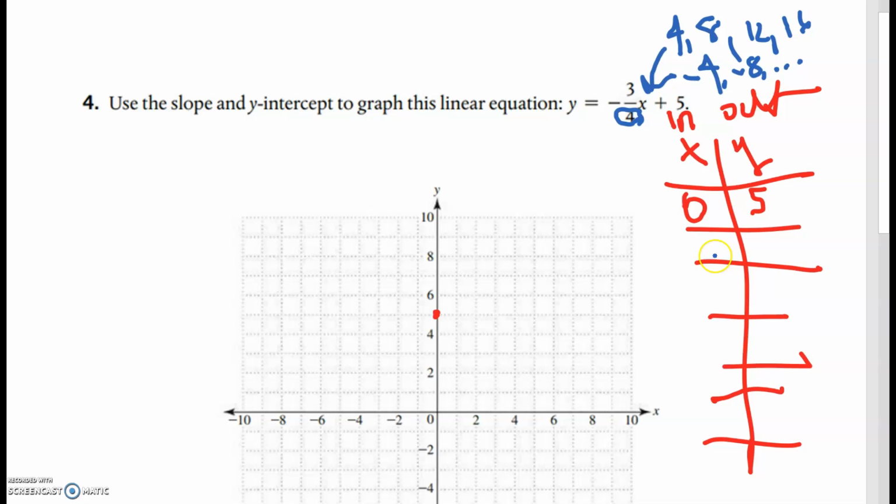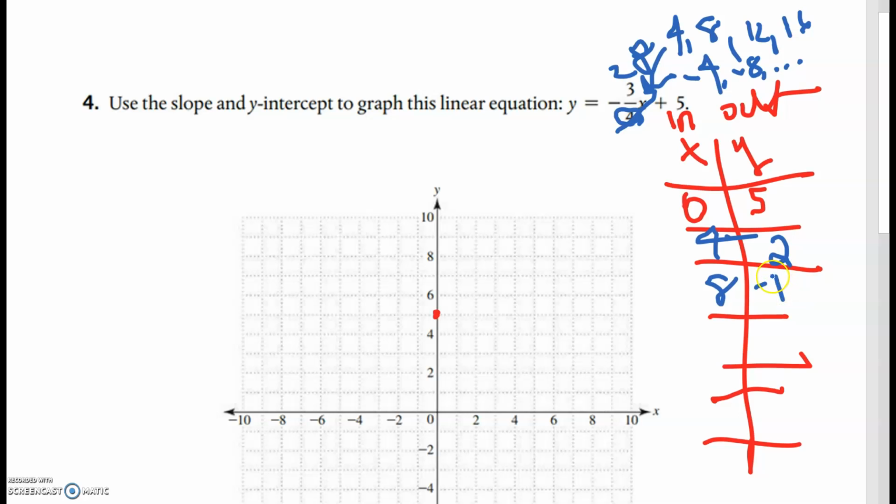For example, if I sub 4 in here, you could just type that in your calculator. If I sub 4 in there, I'm going to get a positive 2. If I sub 8 in there, 4 would go into my 8 twice. I get negative 6 plus 5, which is negative 1.